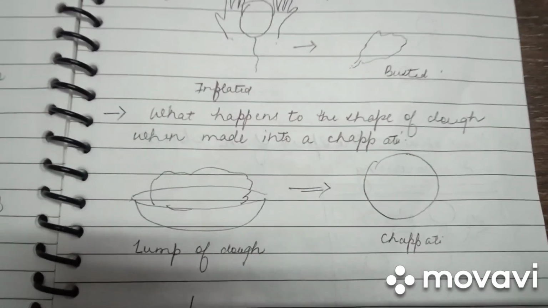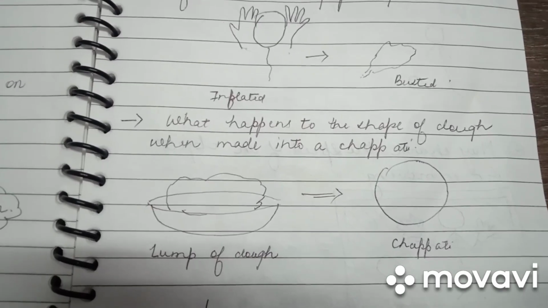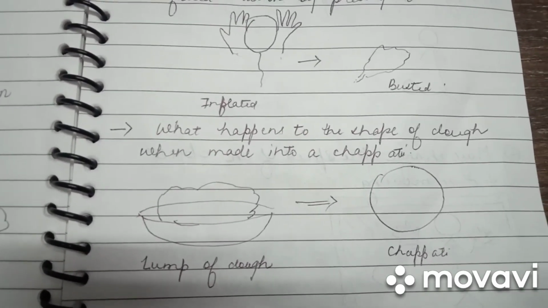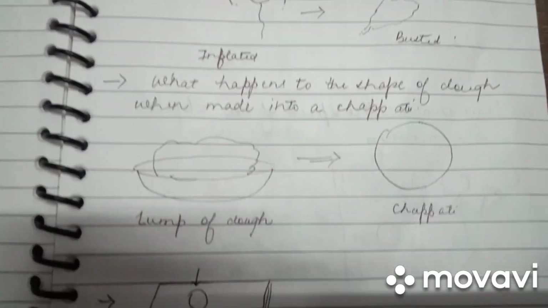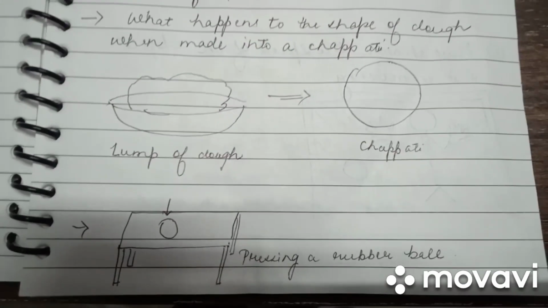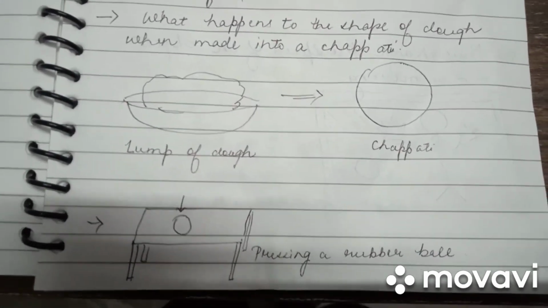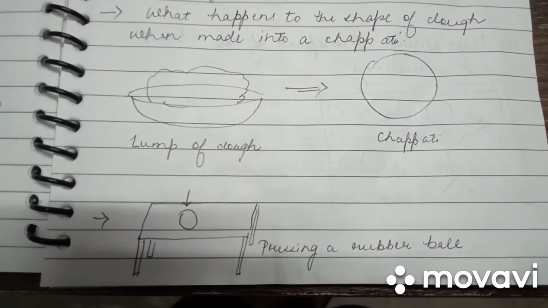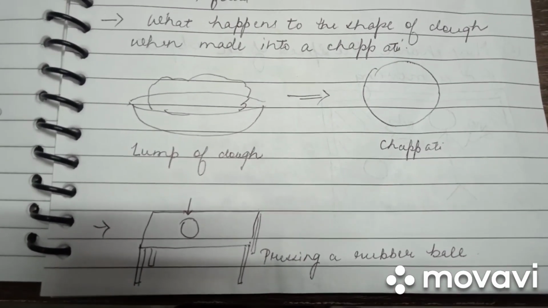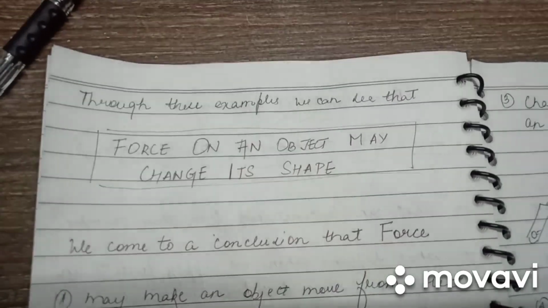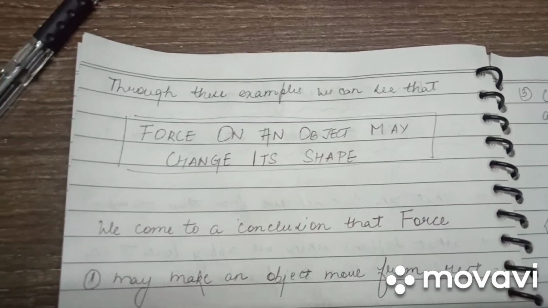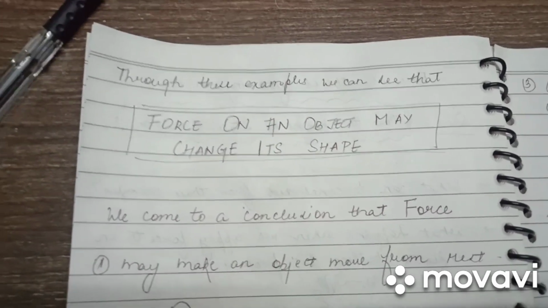A lump of dough undergoes a change in shape when we try to make a chapati out of it. Pressing a rubber ball placed on a table. What happens to the shape of the rubber ball when it is constantly pressed by our hands? Through these examples, we can see that force on an object may change its shape.